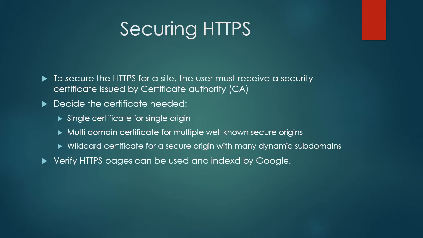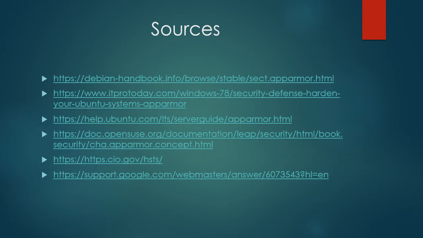That's basically setting up HTTPS and how to secure it for a URL or website you're using. But that's just a little bit about AppArmor and HTTPS, a broad spectrum of it. And of course, I've got my sources right here.